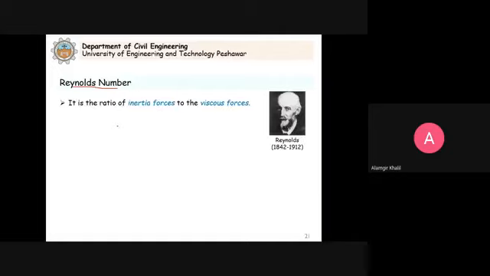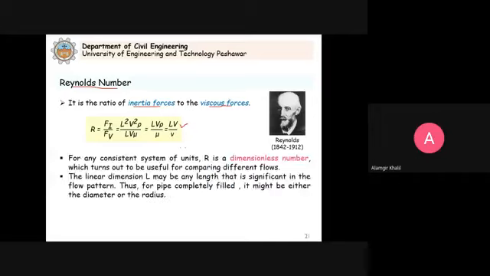So the Reynolds number we already studied, and I will not explain it in detail. We know that it is the ratio of inertia forces to viscous forces, and if you simplify, this is equal to LV by nu, the kinematic viscosity. Here L is a characteristic length, any significant length in the model and prototype that we need to consider.